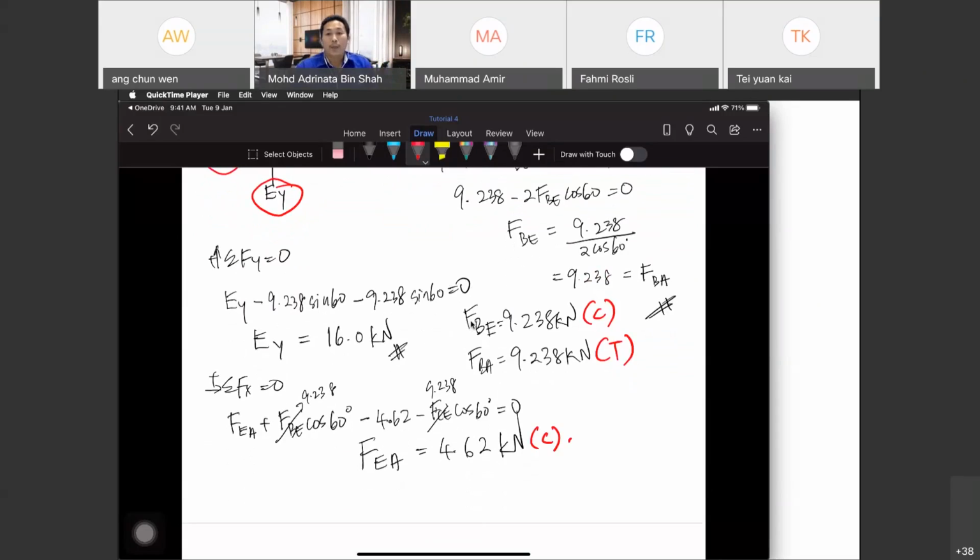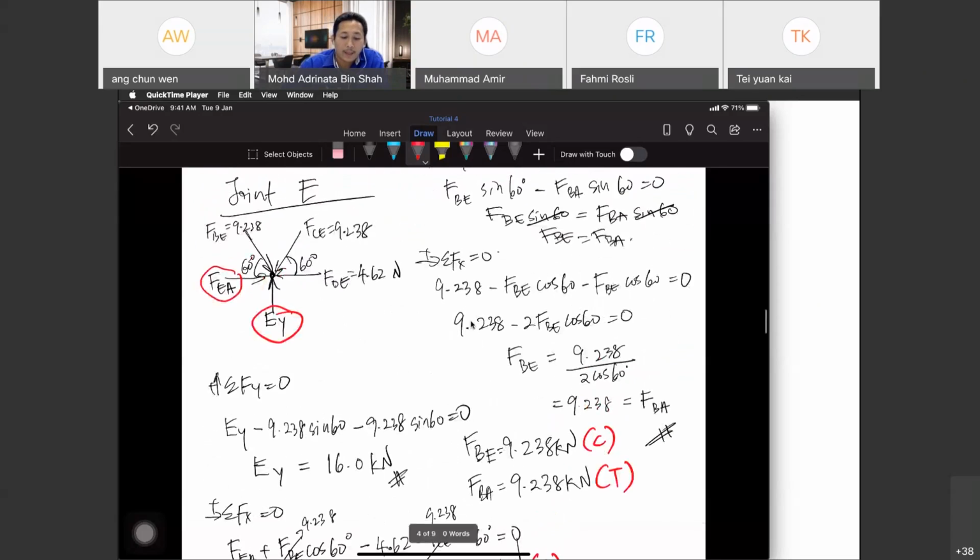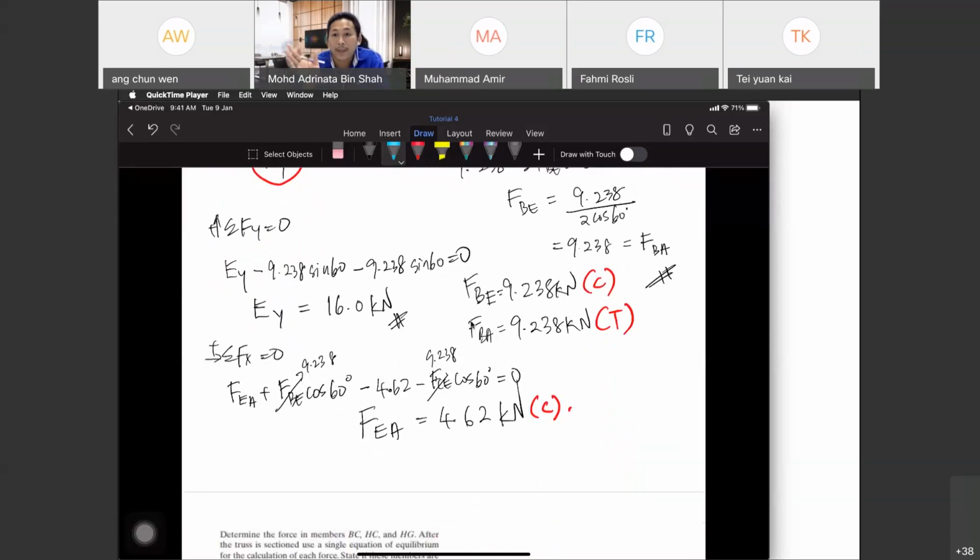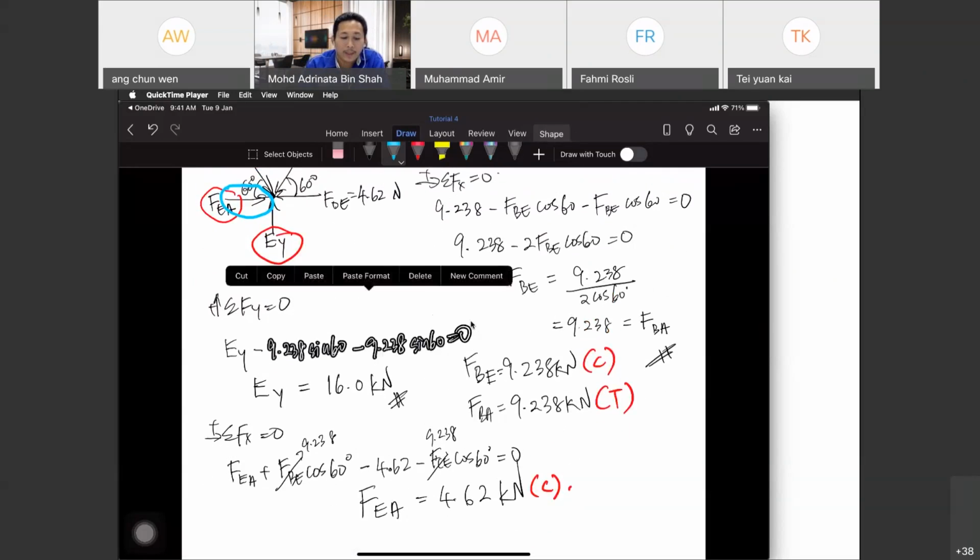Okay, so if you correctly define the direction of each of the points, if you can clearly define, you will get the same answer, which is positive with your assumption of the direction. But if you get your answer in negative, you need to change the direction.